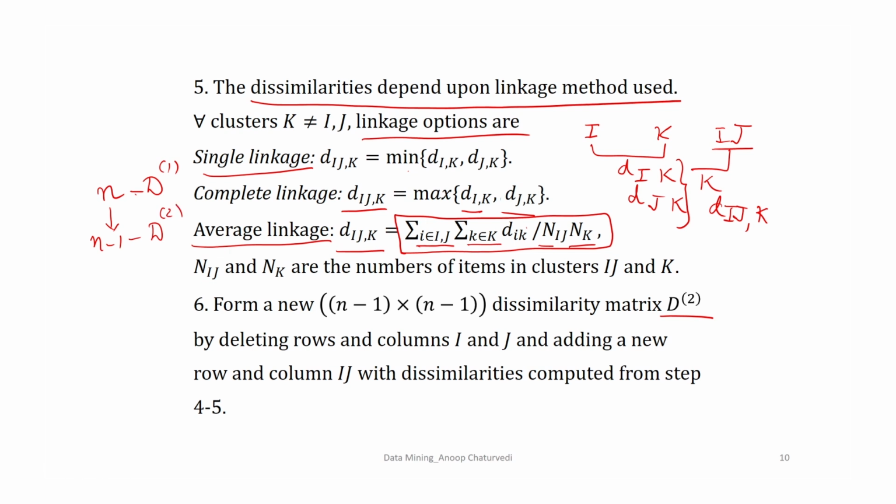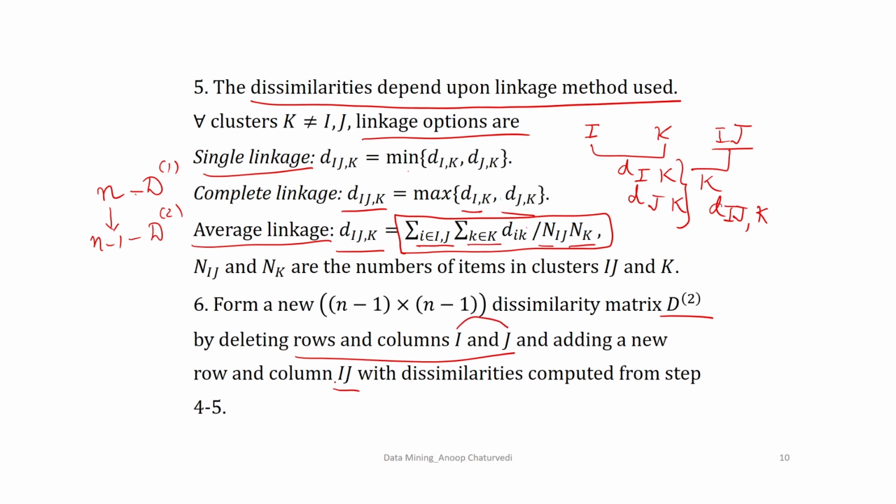Then in D2 we delete the rows and columns I and J, and then we add a new row and column Ij, because basically what you are doing, you are merging these two to Ij.